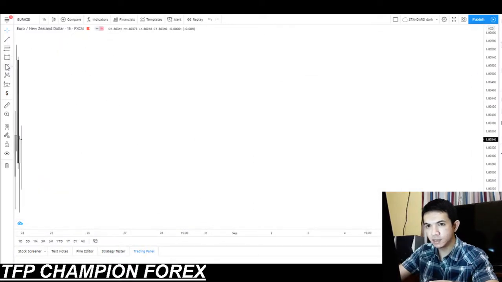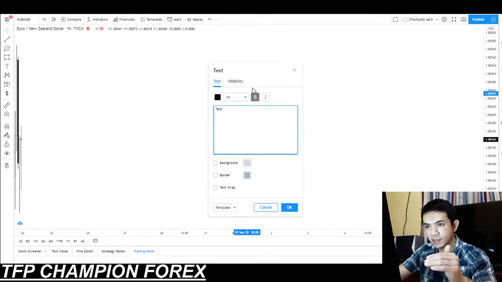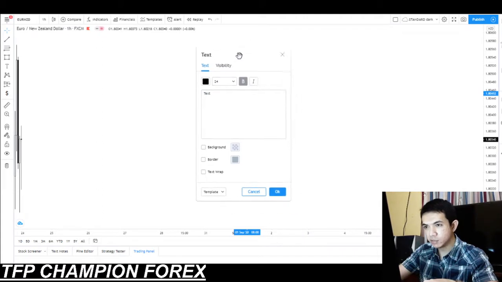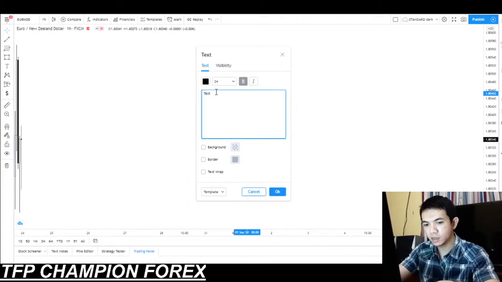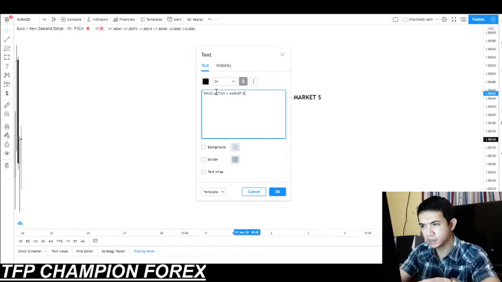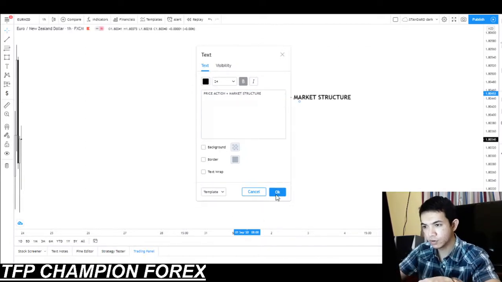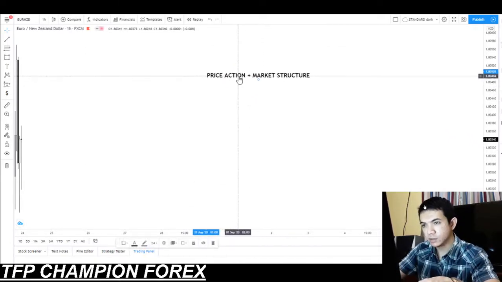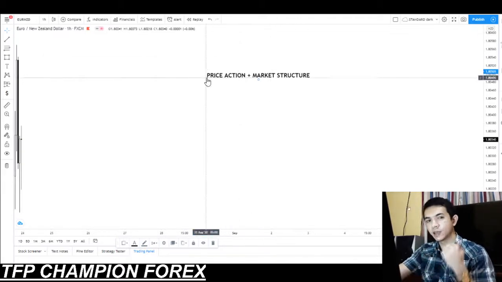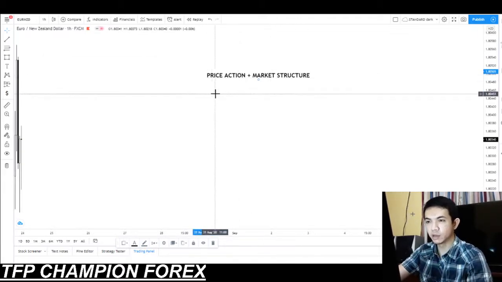So first thing, since we're dealing with this approach when it comes to naked chart trading, of course, it's all about price action plus market structure. You have to make sure that you already have a good foundation when it comes to price action and market structure.